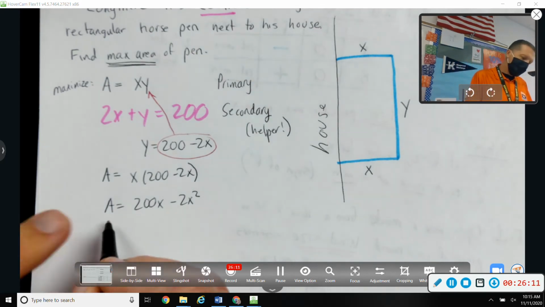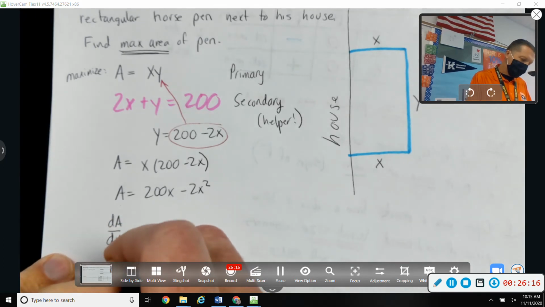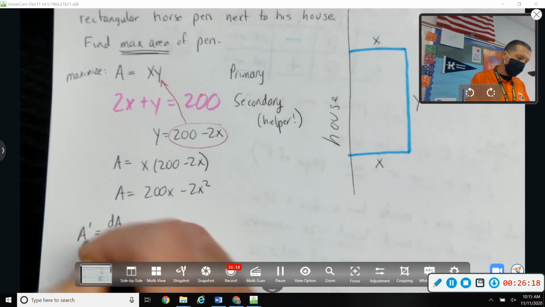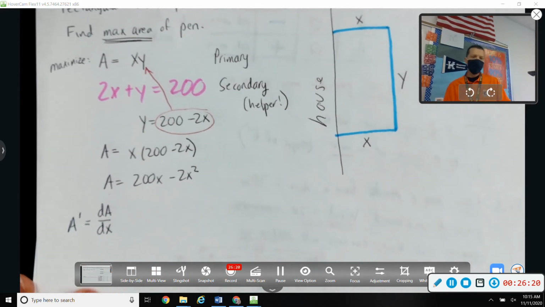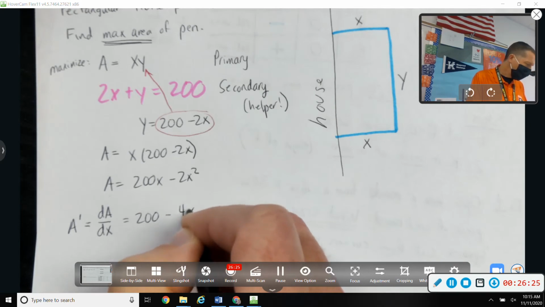This is what I want to maximize, so this is what I'll take the derivative of. So dA/dx, or just A prime if you want to make it easier to write, is 200 minus 4x.